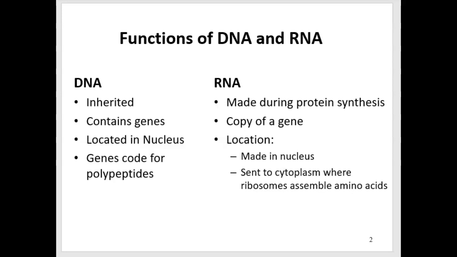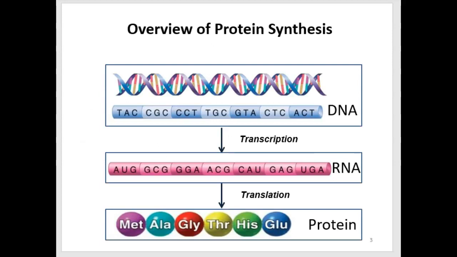It leaves the nucleus through nuclear pores and goes out to the cytoplasm where ribosomes are located. And ribosomes read this RNA copy of the gene and assemble the appropriate amino acids depending upon what the genetic code dictates. So as an overview, we start with DNA that's double-stranded.